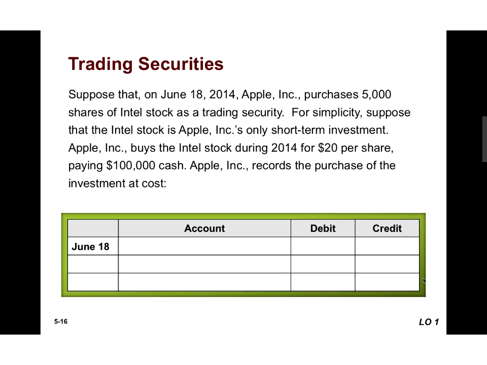And it says that they buy it as a trading security, which means they have this intention to sell it pretty quickly. For simplicity, assume that Intel stock is Apple's only short-term investment because that makes our life much easier. And Apple buys the Intel stock during the year for $20 a share, paying $100,000 cash.